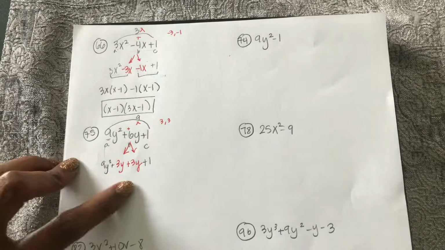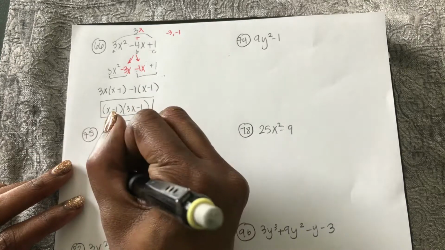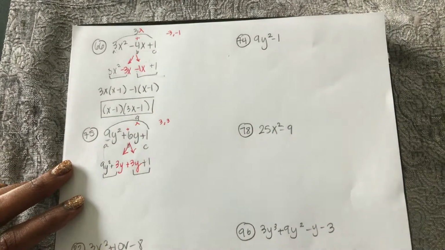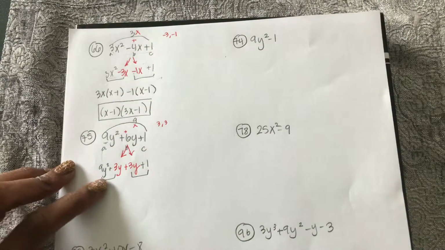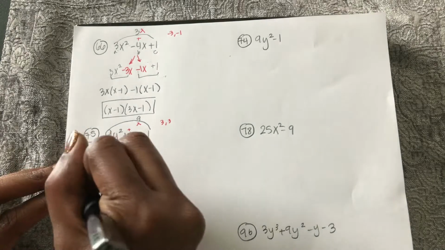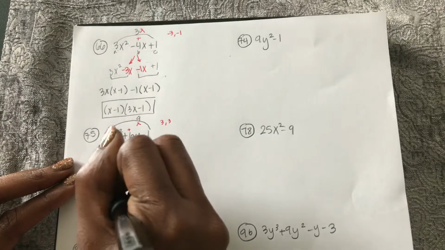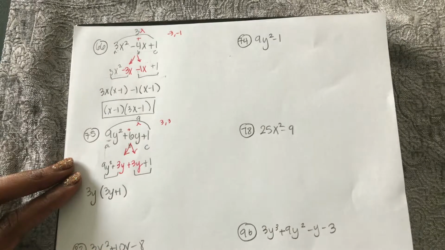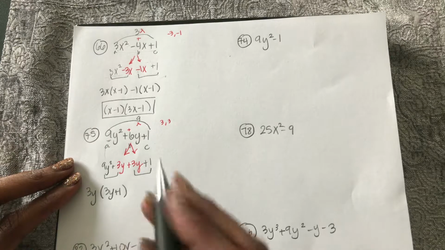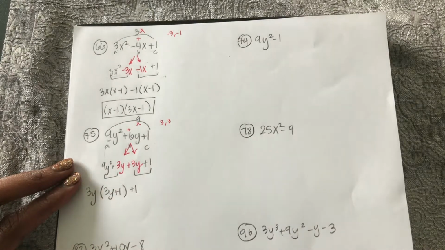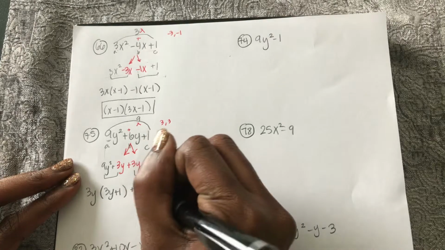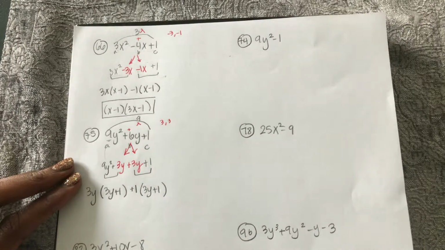Now, once again, I have 4 terms. I'm going to group these two and group these two. So the GCF of this group is 3y. That leaves 3y plus 1. The GCF of this group is 1. And that factors out to leave 3y plus 1.